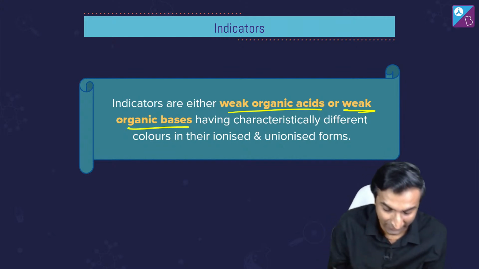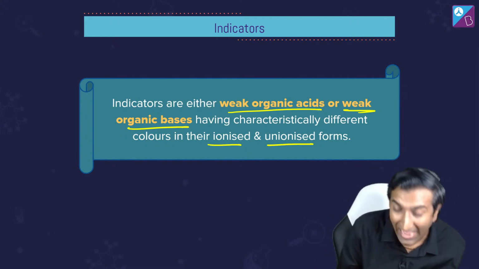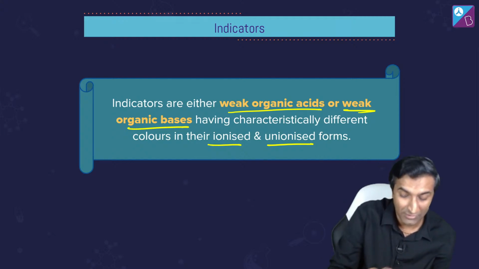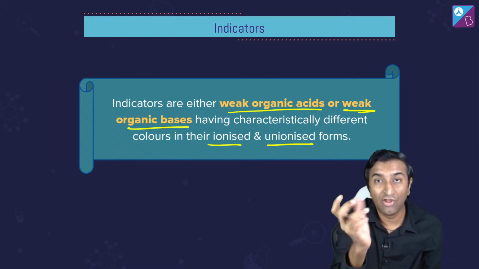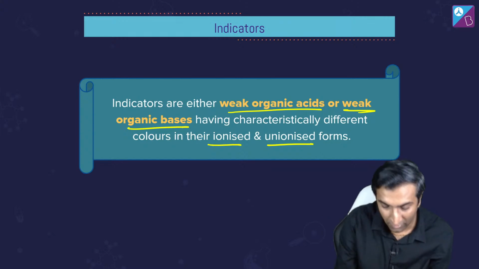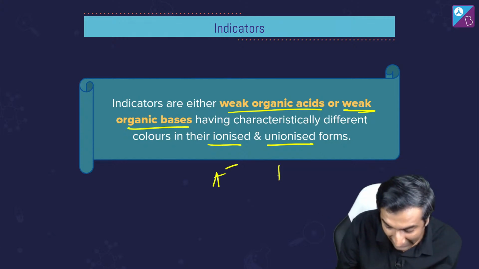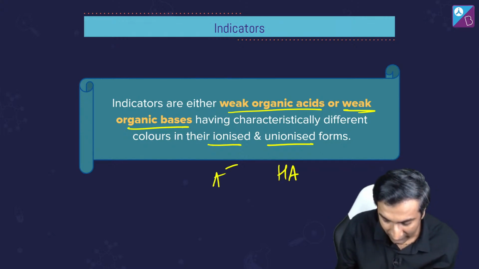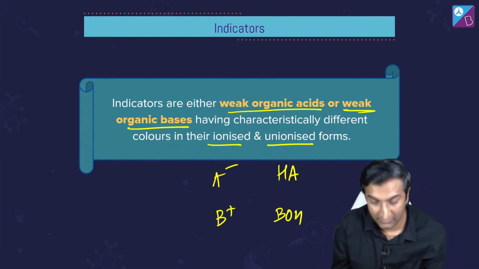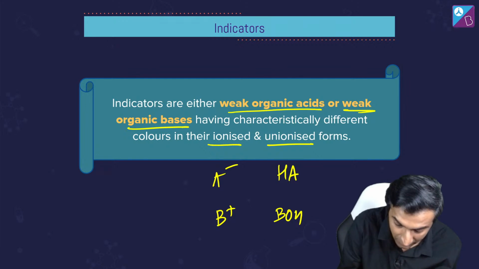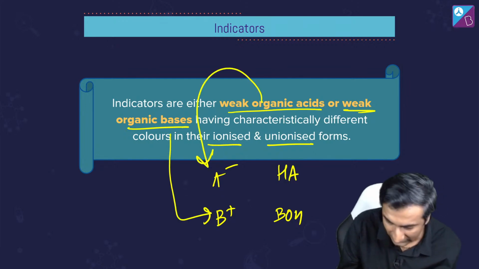That's the most amazing thing. So in their ionized and unionized form, विशाल ने या किसी ने पहले बीच में बोला था, unionized form. Ionized मतलब A minus, unionized मतलब HA, या फिर POH or B plus. Yeah, same thing. So this is your weak base and this is your weak acid.